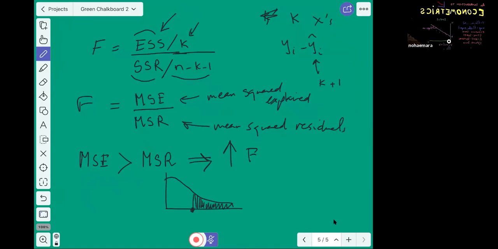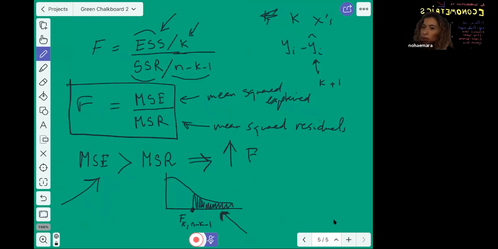This one, again, is the critical value, which we call F. You put here the degrees of freedom from the numerator, K, and the degrees of freedom from the denominator, N minus K minus 1. So if my computed F is large enough to exceed the critical value, then you go to the rejection region.